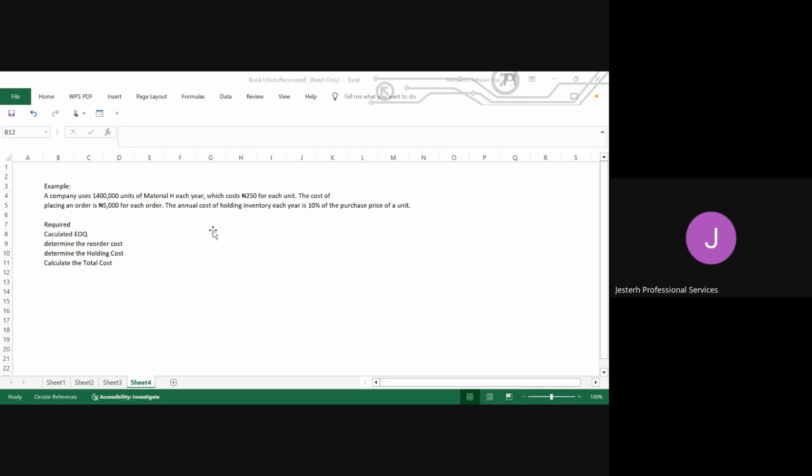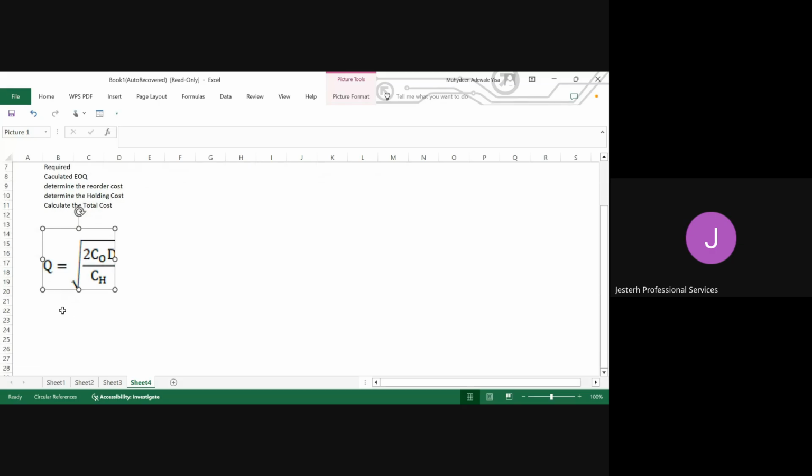One thing that should always come to your mind is, what did they ask us to do here? The purpose of this is to help an organization to minimize the costs of bringing in their inventories. Then how can they minimize it?